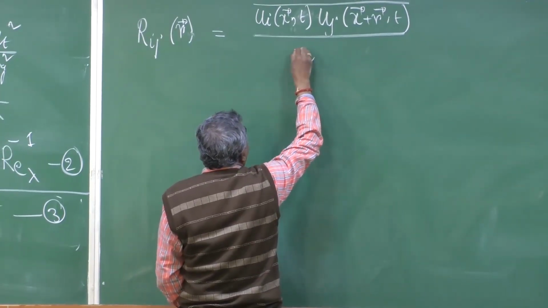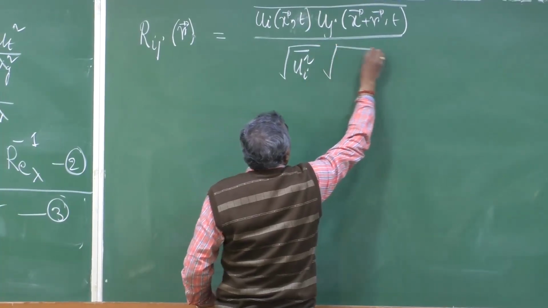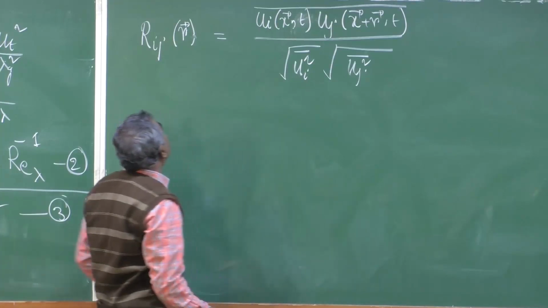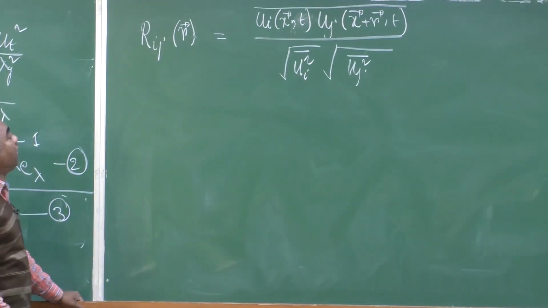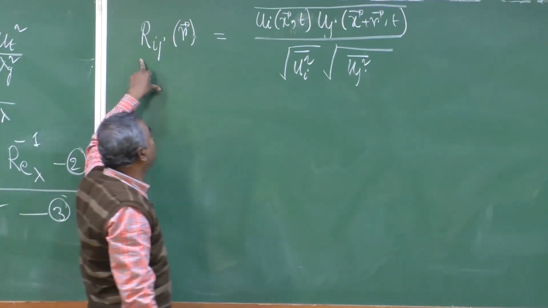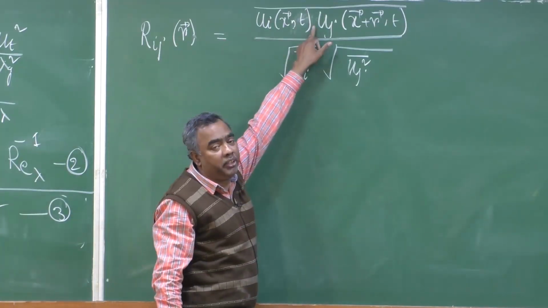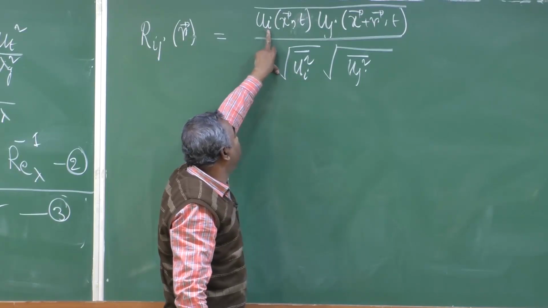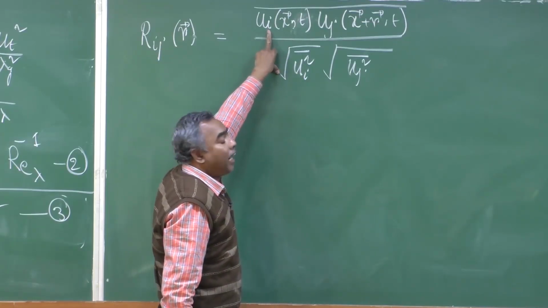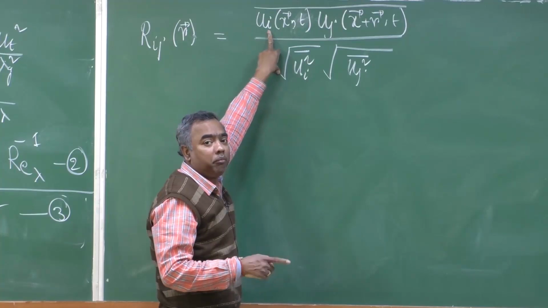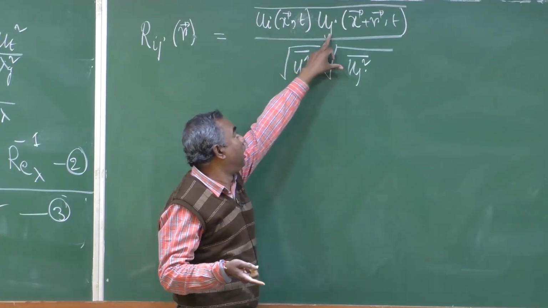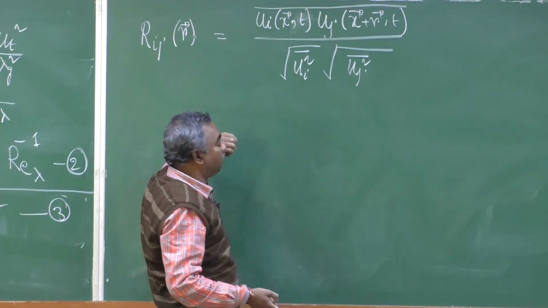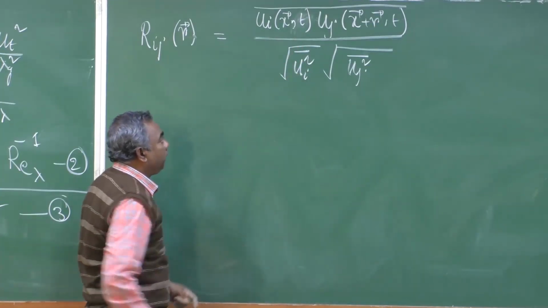So, that is Ui square bar, similarly Uj square bar. This is our correlation tensor. You can correlate either u with v or u with w or w with u, whatever it is. i can be 1, 2 or 3, similarly j can be 1, 2 or 3. So, for any combination you can find this value.